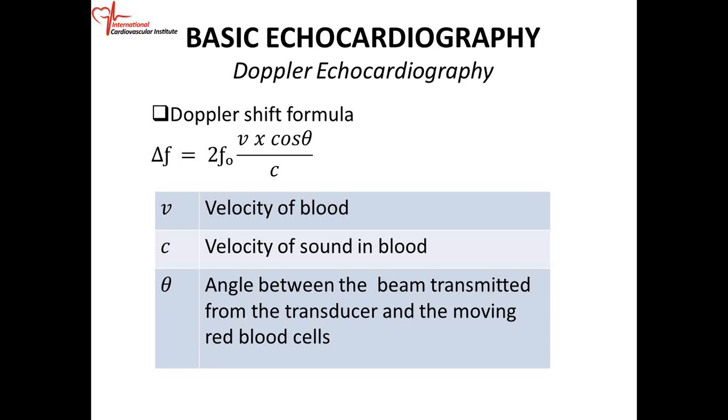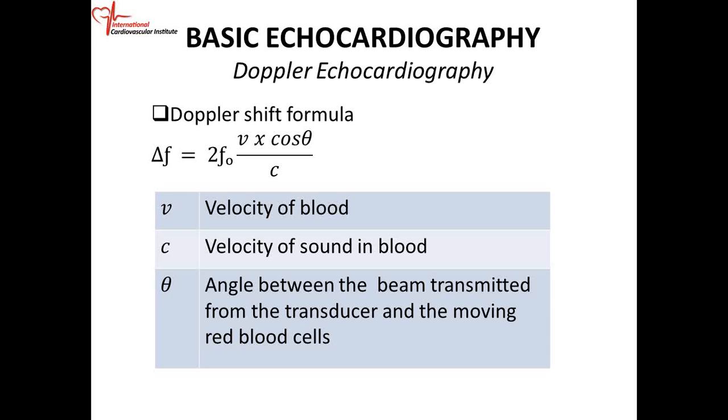So another very important principle when you're doing ultrasound: you have to get your ultrasound beam as parallel to blood flow as possible. Above 20 degrees, it's not accurate because you're reducing the Doppler shift too much.